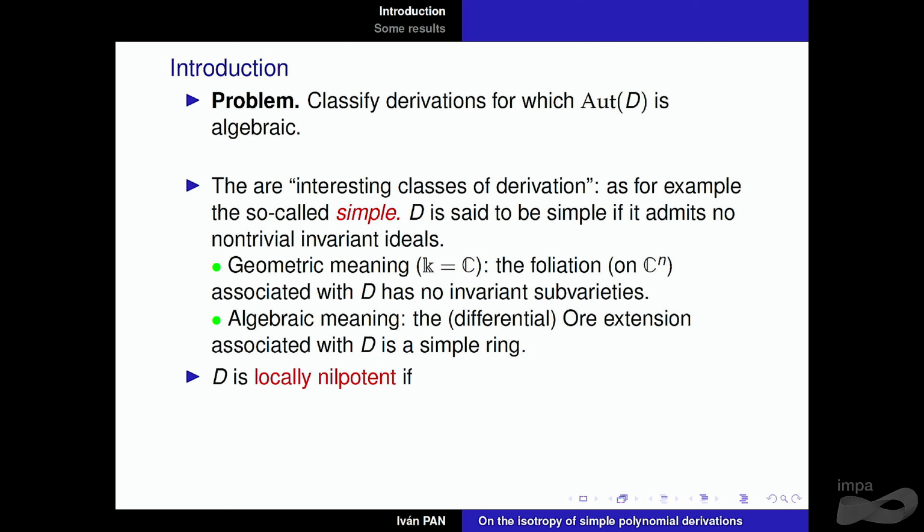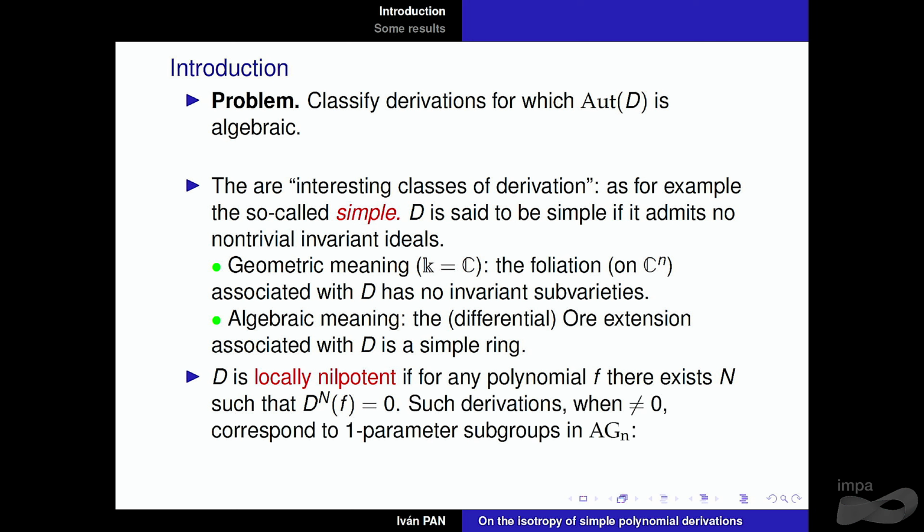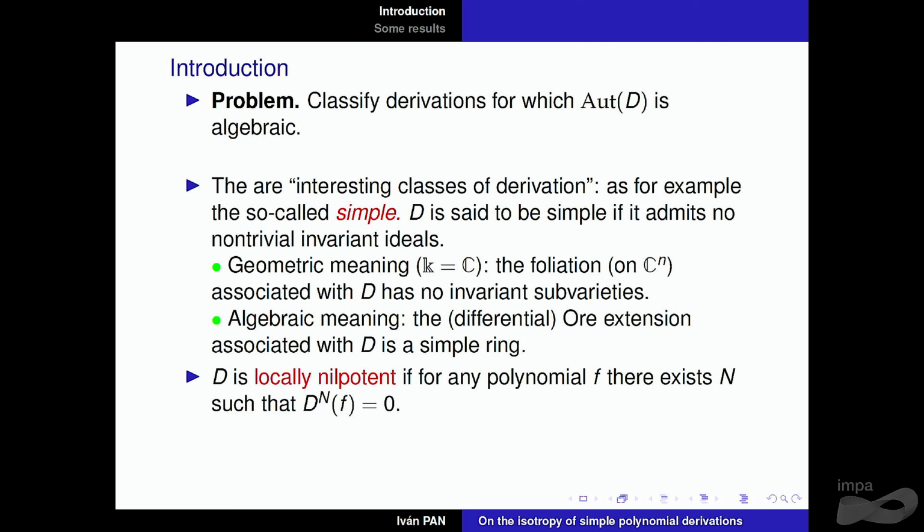Another class of interesting derivations is the locally nilpotent ones. A derivation is locally nilpotent if for any polynomial f there is a positive integer n such that by iterating n times, the derivation annihilates the polynomial. This is the same as the following.